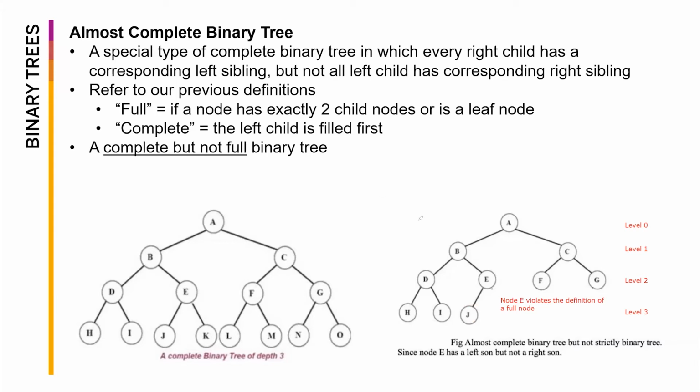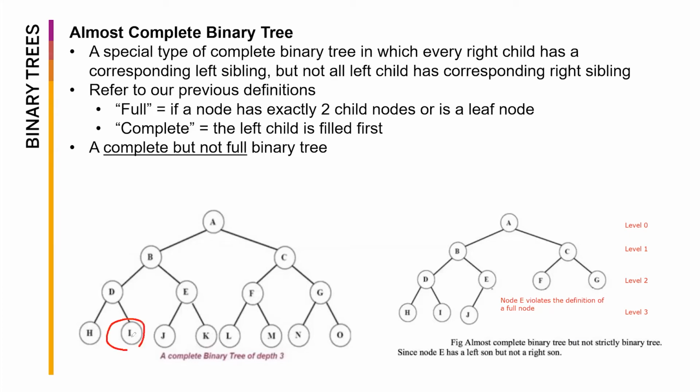Now you might be wondering why this tree is still here. Again, an almost complete binary tree is also a complete binary tree. So it still falls under this definition. Every right child has a corresponding left sibling.